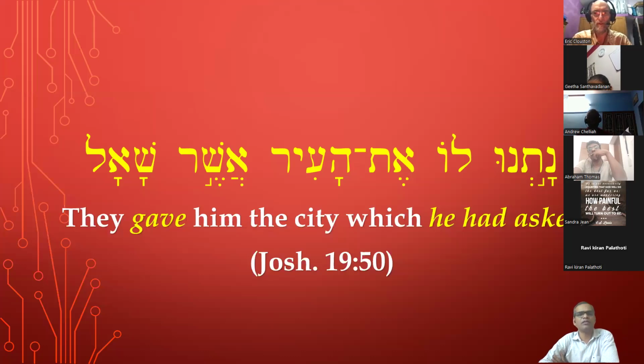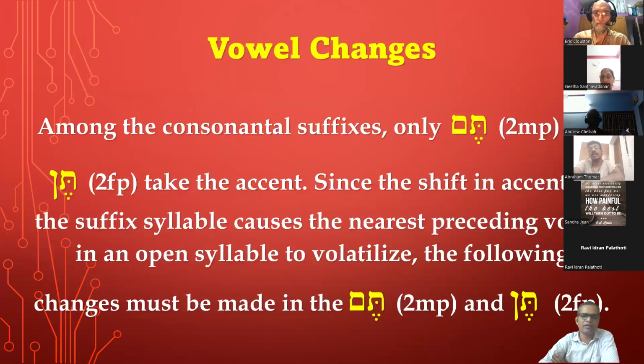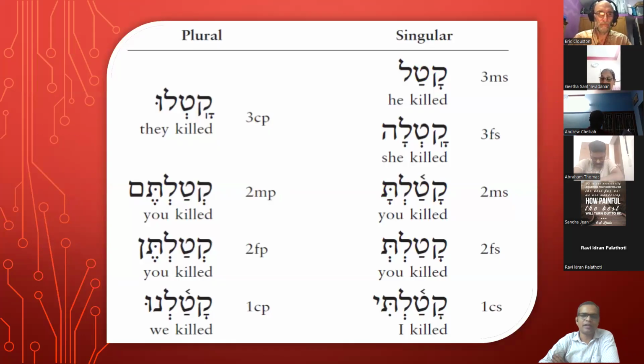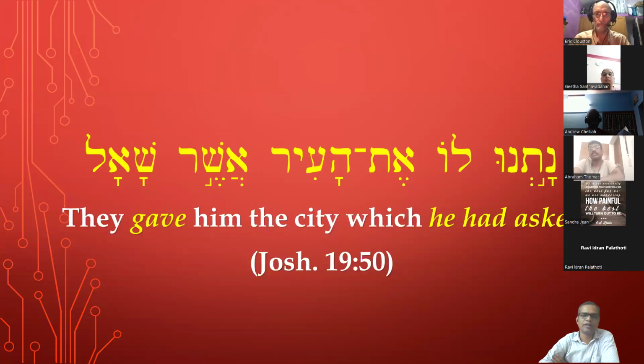Qatal, qatela, qatalta, qatalt, qatalti, qatalnu. Third common plural. If you see here, qatelu, third common plural, which is for both masculine and feminine. That is what is appearing here. Natnu: Qal perfect third common plural from the root Natan, meaning he gave.